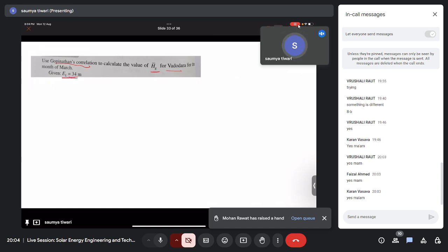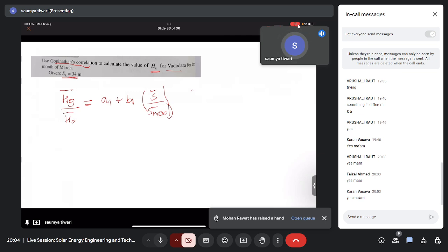So if you remember the Gopinath formula, it was Hg bar upon H naught bar is given in terms of A1 plus B1 times S bar upon S max bar.